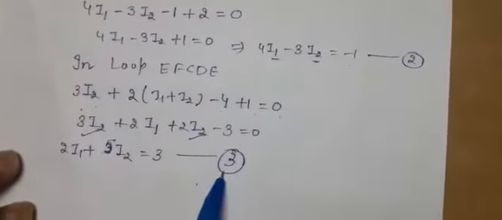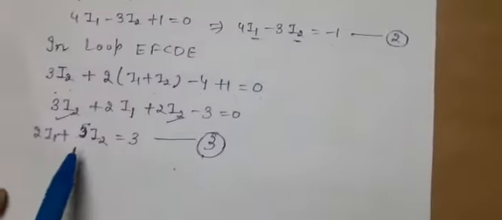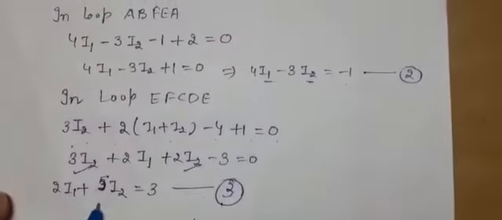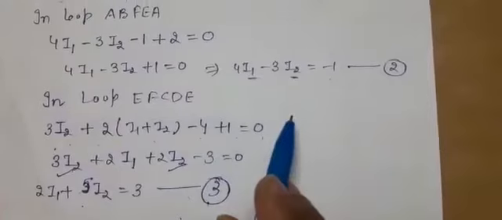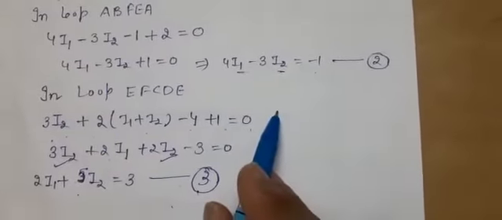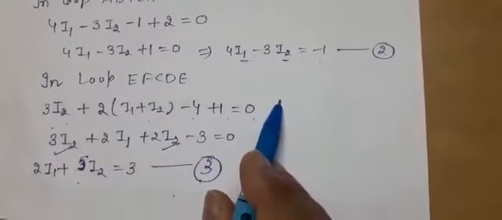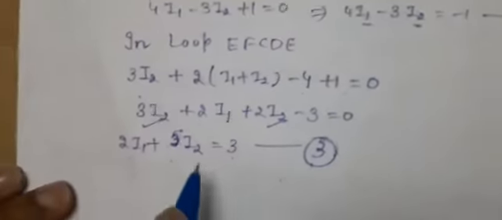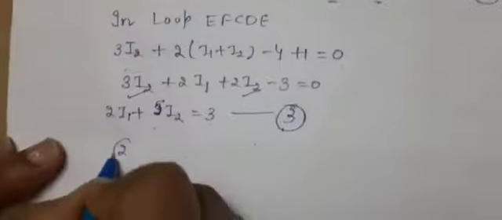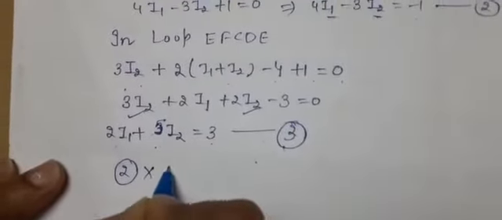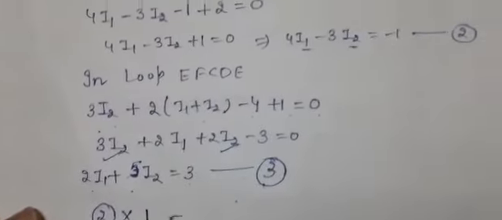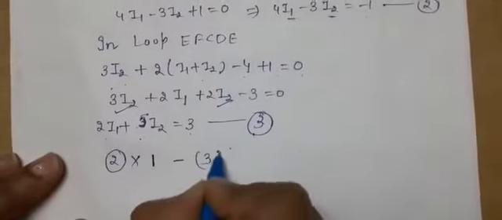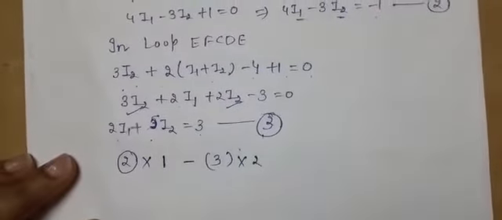So what should be the step? Basically for the first equation and second equation, what you will do is the first equation will be multiplied simply by 1, and the third equation will be multiplied with 2, and then subtract these two.